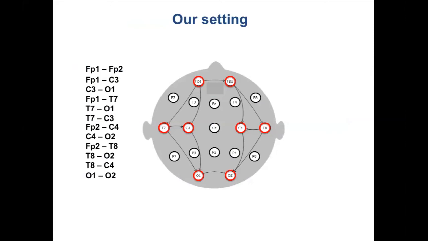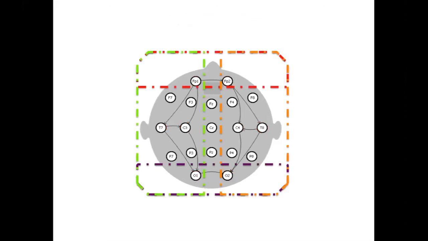This was our setting, so these are the points of EEG monitoring we have used in our center. This is our conventional approach with electrodes that allows us to divide the brain in different regions, like anterior, posterior, and left hemisphere, right hemisphere.